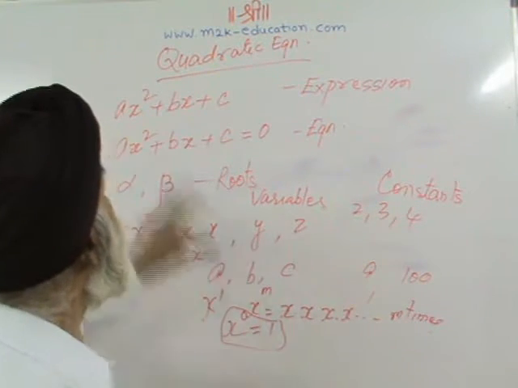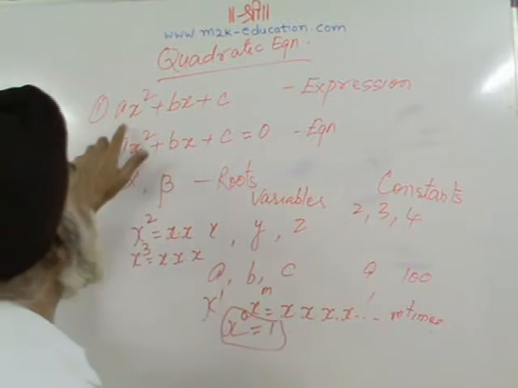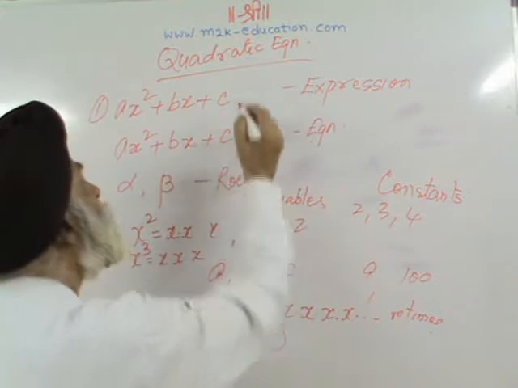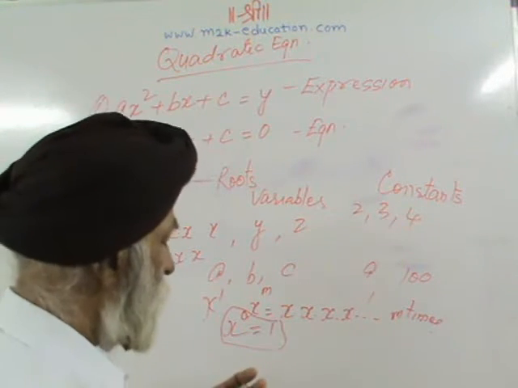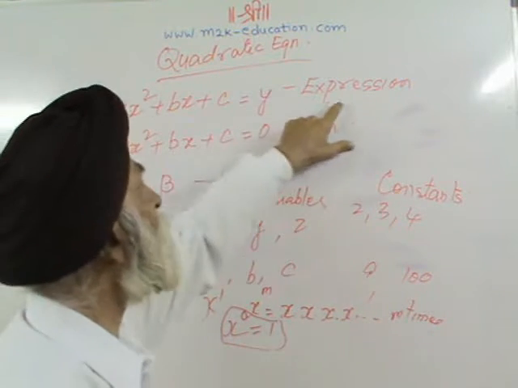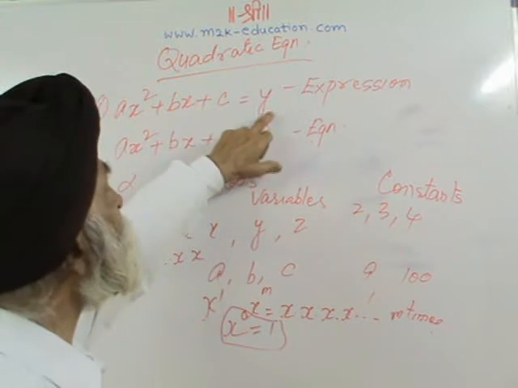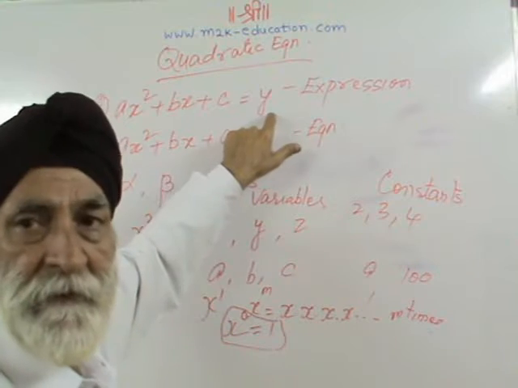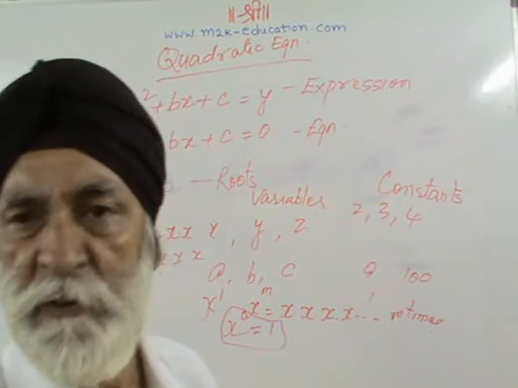Now you can see I have written number 1 as ax square plus bx plus c equal to y. This we call a quadratic expression. On the right-hand side we have assigned it some value as y, but a constant value has not been given to it.